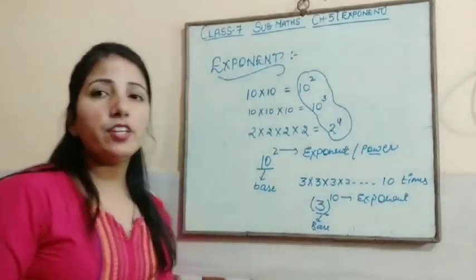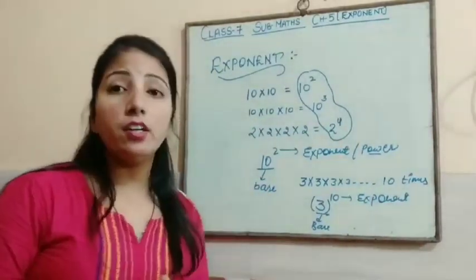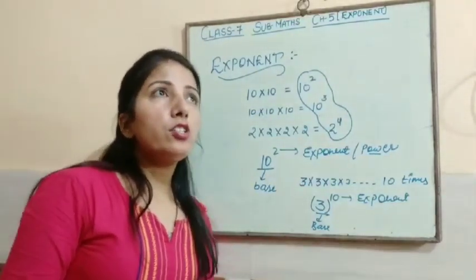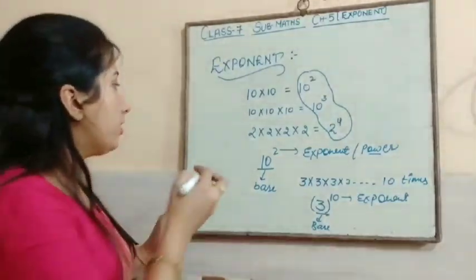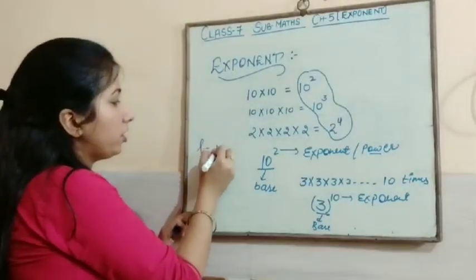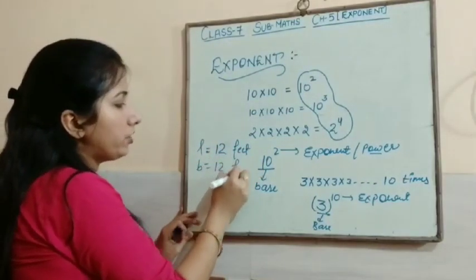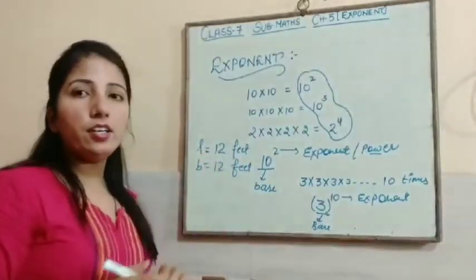Now the question is where exponent is used in our daily life. How can you relate this exponent to our daily life? In daily life, suppose you are asked what is the area of a room. Suppose you have a square shaped room and the dimensions of the room are length equal to 12 feet and breadth also 12 feet, and you have to find the area of the room.